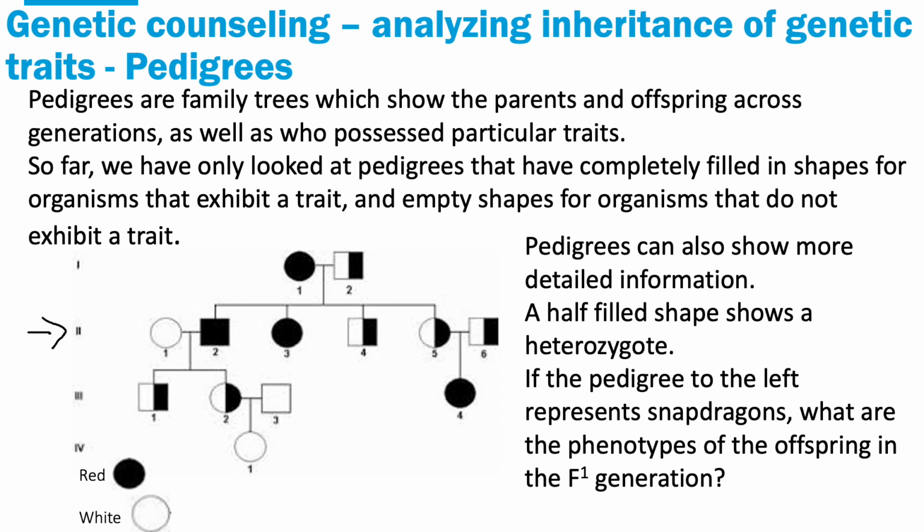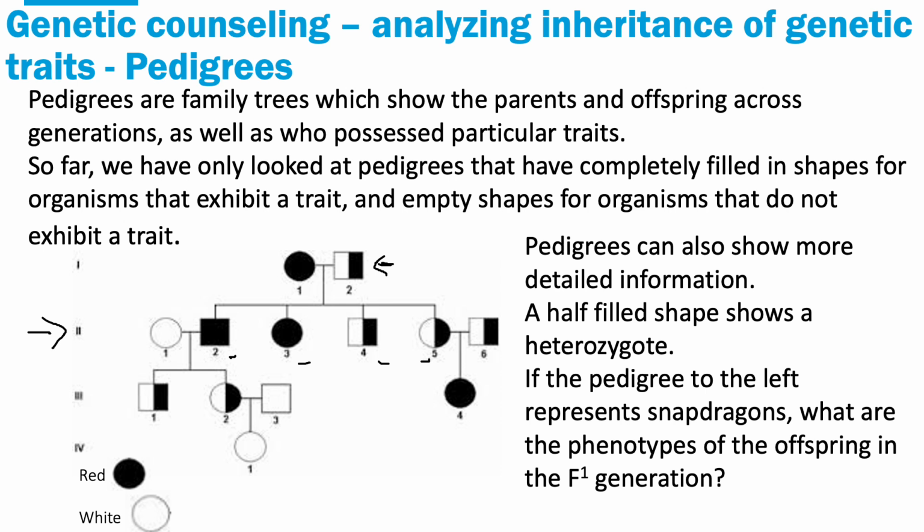The offspring are going to be numbers 2, 3, 4, and 5. Those are the offspring from these. Number 6 is not one of the offspring. Number 6 is actually mating with number 5. So we're just looking at 2, 3, 4, and 5.